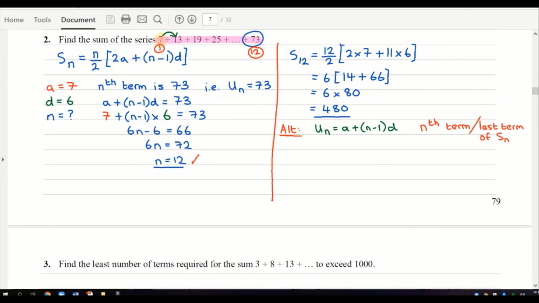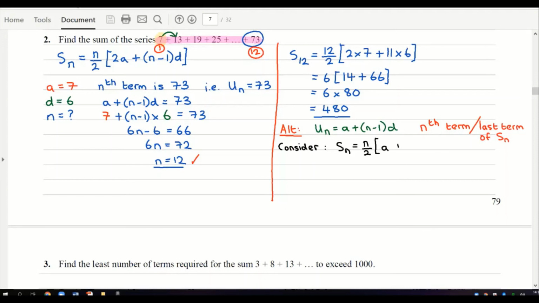Now, if that's the case, just consider the formula again. The formula says that the sum of n terms is n over 2. Now then, I'm going to split this up. Instead of writing 2a, I'm going to write it like this.